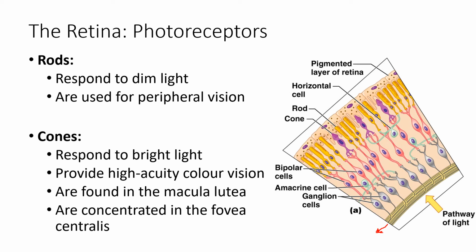Now, notice that there's also what are known as horizontal cells and amacrine cells, and these are going to regulate the activities of nearby ganglion cells, in the case of the amacrine cells, and nearby bipolar cells, and also rod and cone cells in the case of the horizontal cells. And what this does is basically it turns one area of the retina into a pixel, if you want to think of it like you'd think of a television screen. But we'll come back to that in our next section.